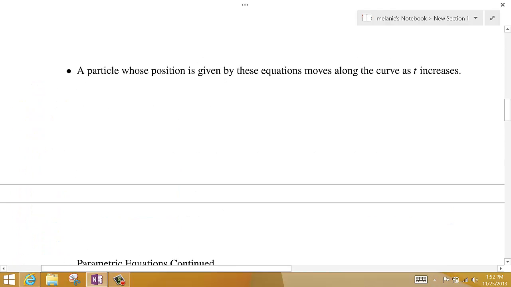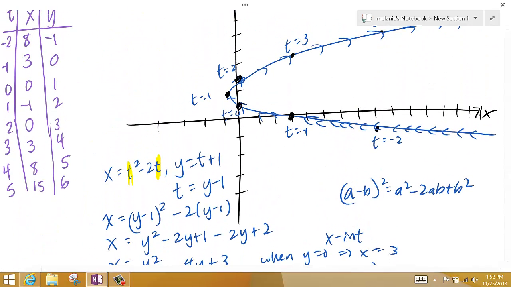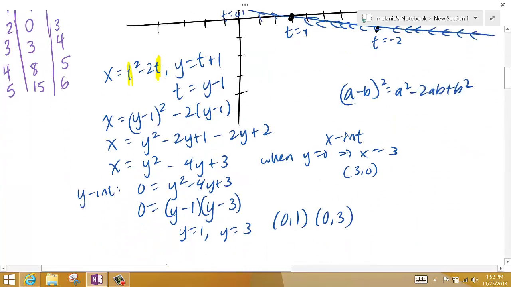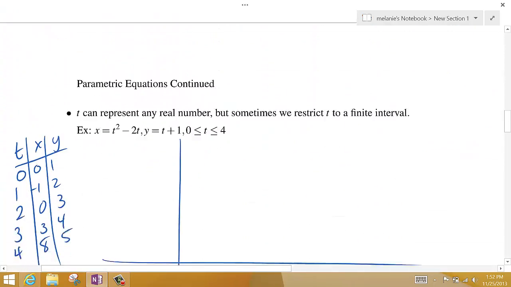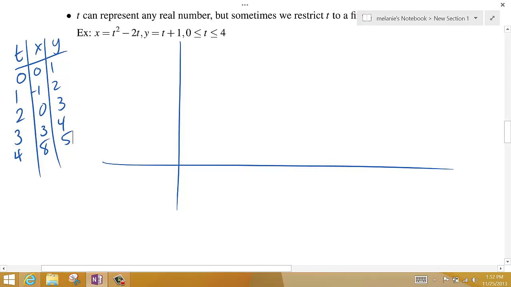So this is the same thing I just rewrote, part of my table, just on this other page. I'm only interested in from 0 to 4, so I just rewrote those values, and that's all I'm going to plot now. Okay, so (0, 1), (-1, 2), (0, 3), (3, 4), (8, 5), like this.